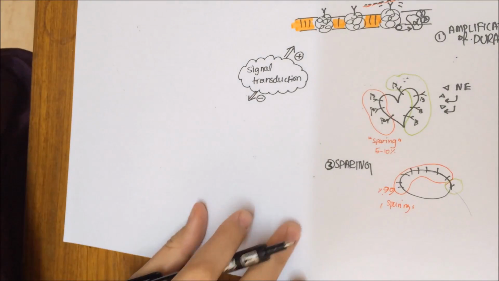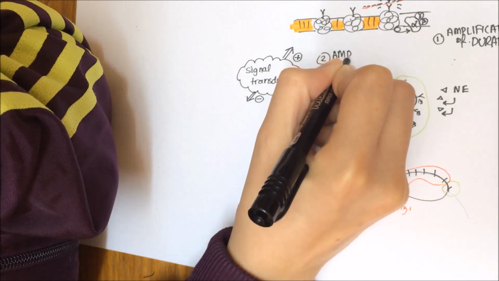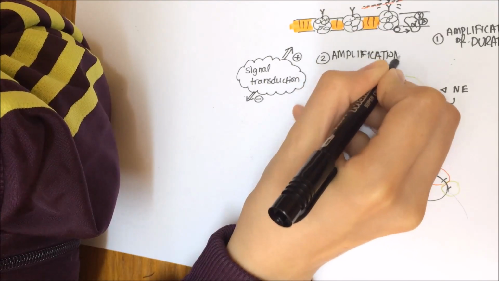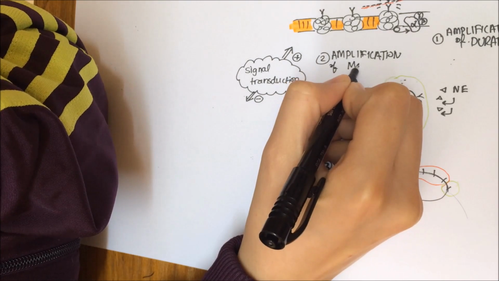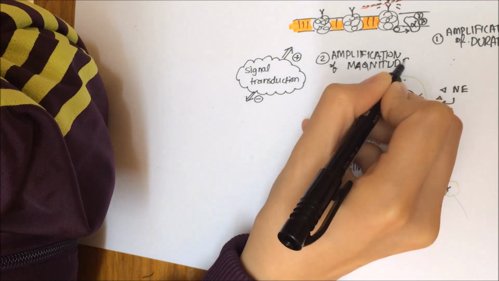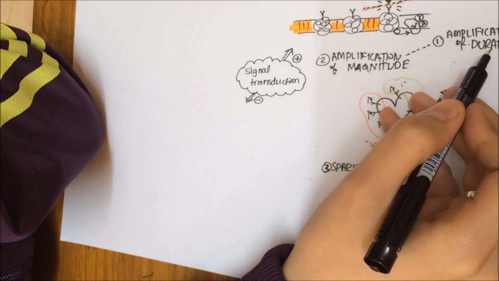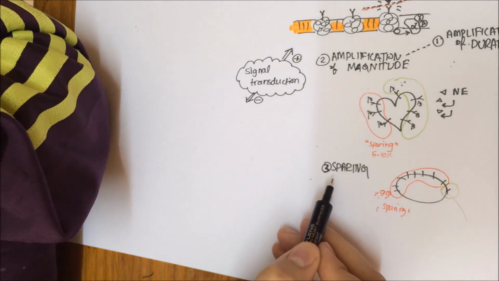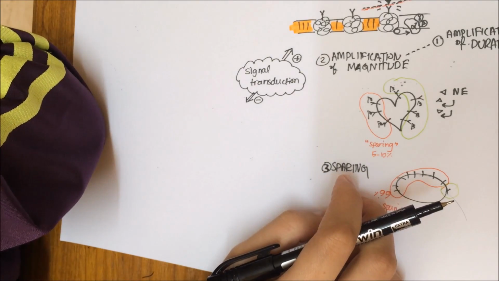So the second thing we have here is the amplification of magnitude. This is the amplification of the duration, this is the amplification of the magnitude, and this is the sparing, which is the third one.